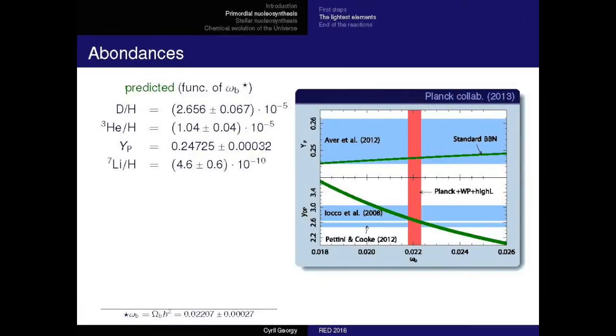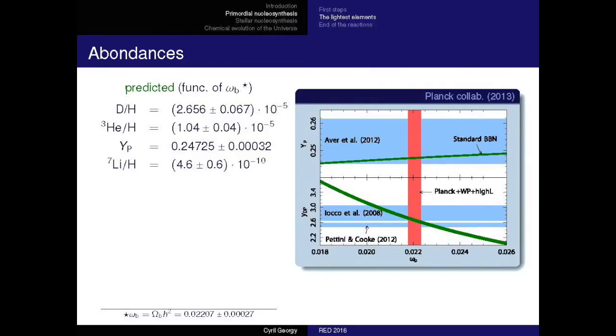So these are the numbers that are predicted from this Big Bang nucleosynthesis. Once you know how the reaction proceeds, at which temperature and which density, you can make some models of your Big Bang nucleosynthesis and predict what ratio you expect after this nucleosynthesis took place.